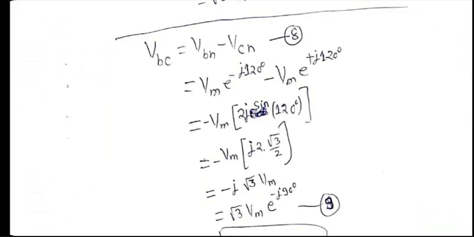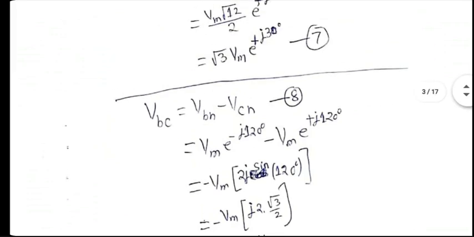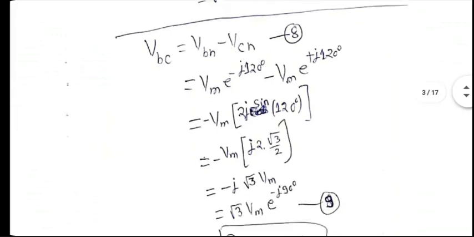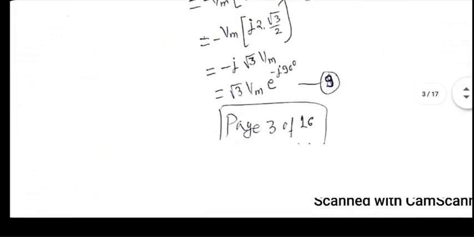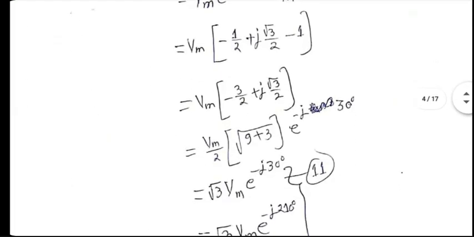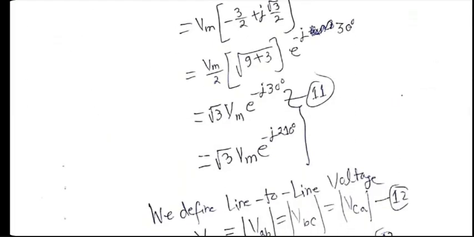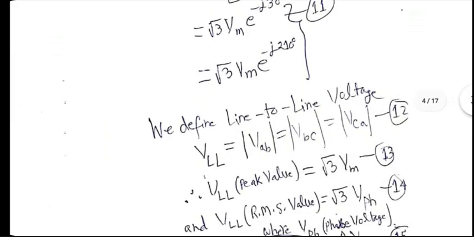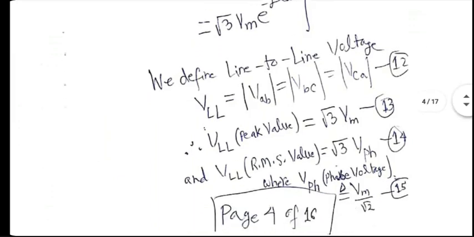Again, the magnitude is higher by a factor of square root of 3 compared to the phase voltage, and the phase shifts by minus 120 degrees, so it becomes minus 90 degrees in VBC. VCA also has the same magnitude as the other two line voltages, but the phase shift becomes minus 210 degrees. The magnitude of the line-to-line voltage is the same in this case. We call it VLL. It is square root of 3 into VM.